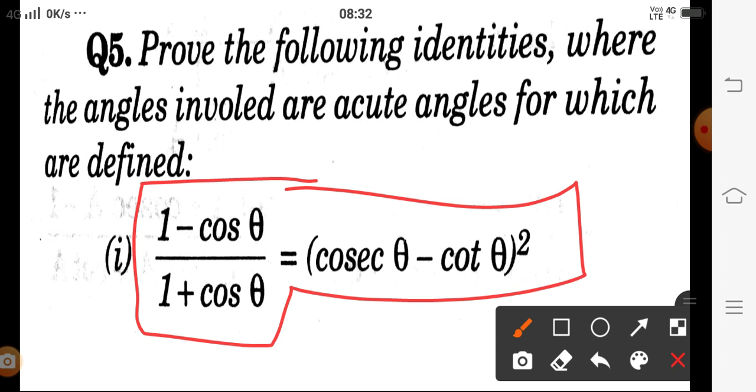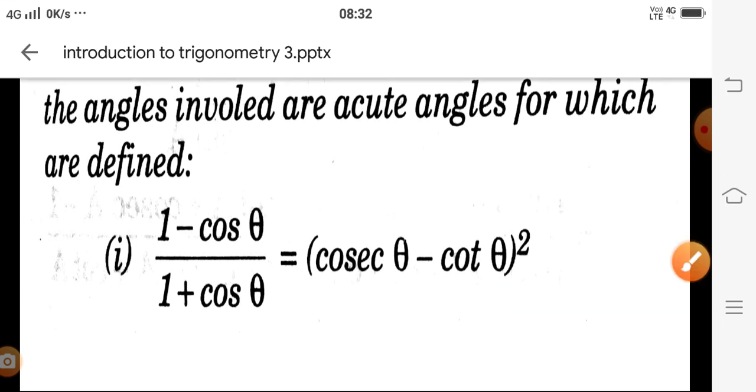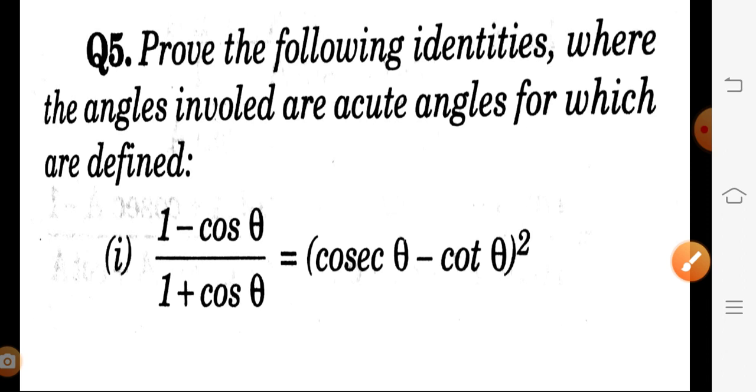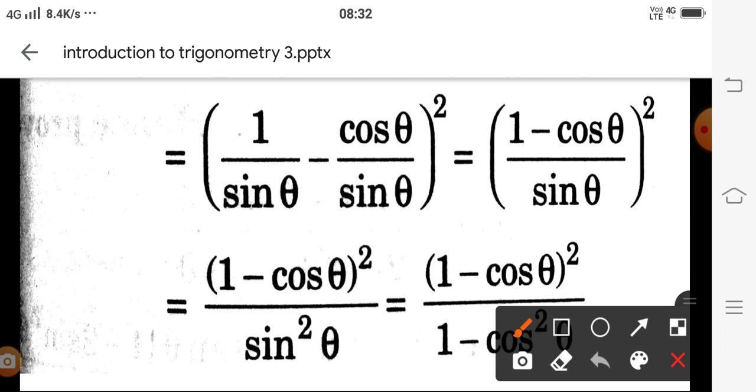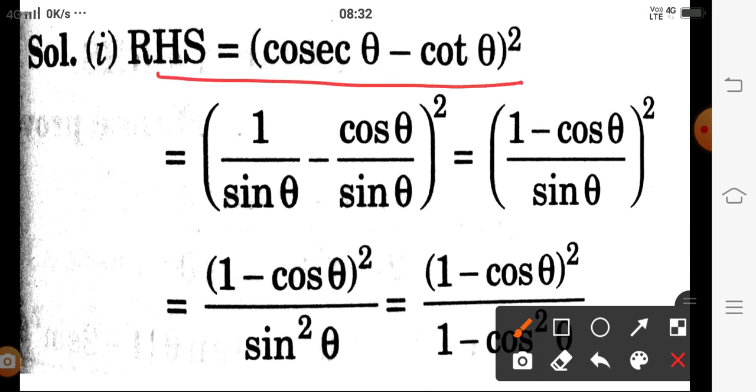Means we are able to reduce the right hand side in terms of sine and cos. Then let us do it, and let us check whether we are getting the left hand side or not. I am taking cosec theta minus cot theta whole square as the right hand side here. Then cosec is written as 1 upon sine, cot is written as cos upon sine.